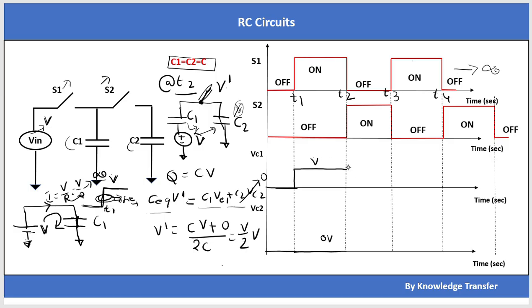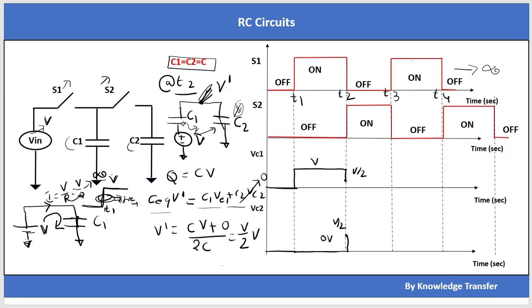So at t equal to t2, this node voltage will be the same, so VC1 and VC2 will suddenly come to V by 2 volt, and VC2 goes from 0 to V by 2.